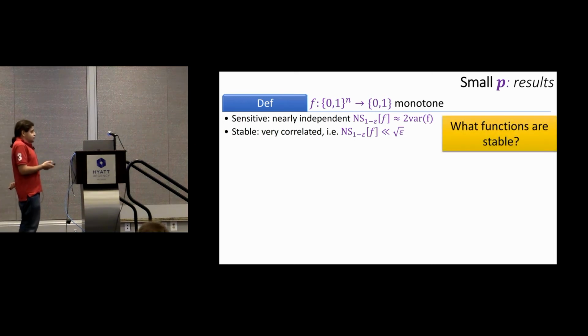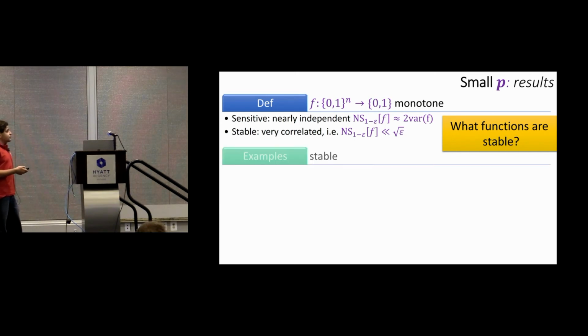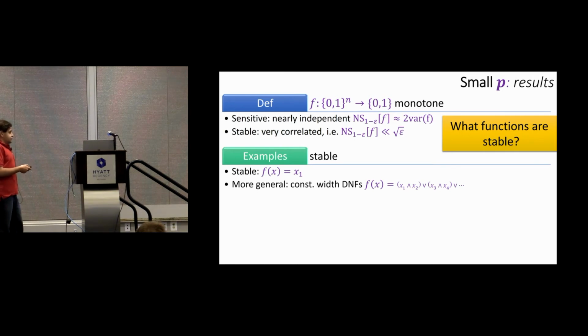So again, the first question that we like to ask is, what functions are noise stable? We have our example of dictatorship that is noise stable. But more generally, any constant width DNF formula is also noise stable. If you think about it for a couple of minutes or a couple of days, you don't really come up with anything other than DNFs as noise stable functions.